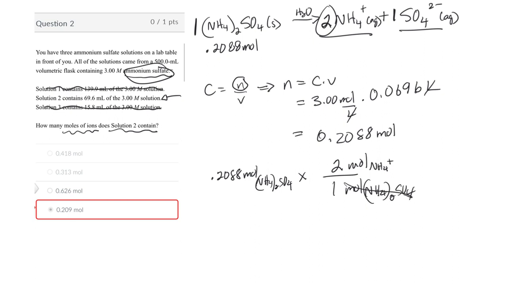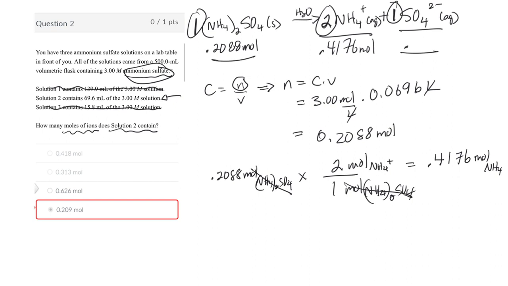So this cancels, and I'm left with 0.4176 moles of ammonium ions. Okay, so this one I have 0.4176 moles. And sulfate, since this is 1 to 1, it'll be the same number, 0.2088 moles.